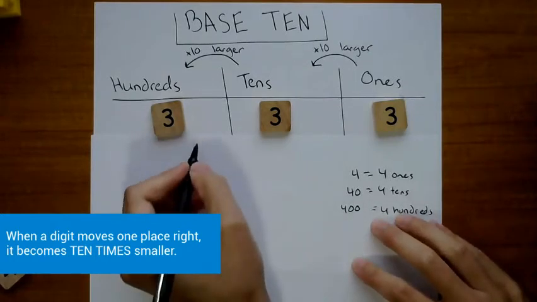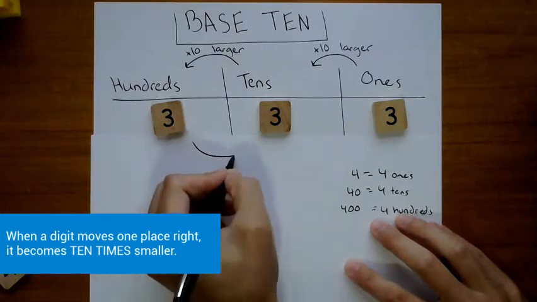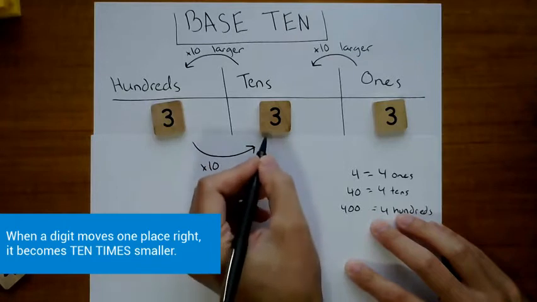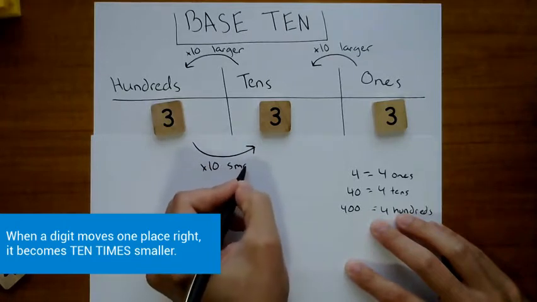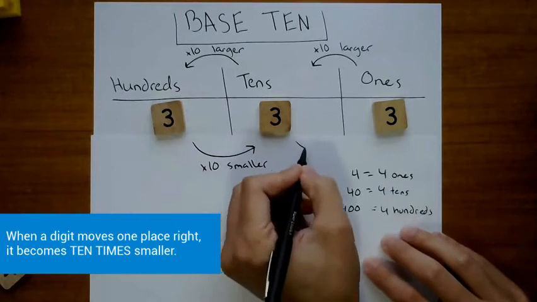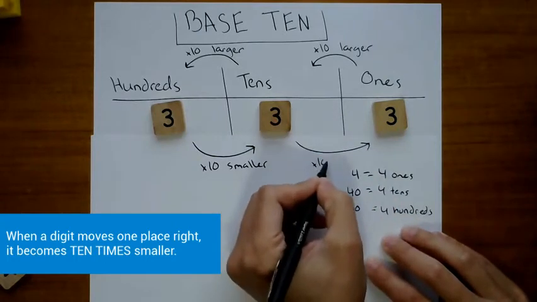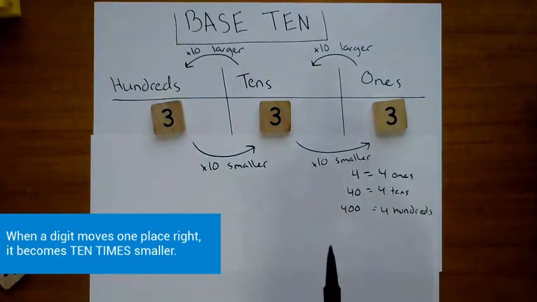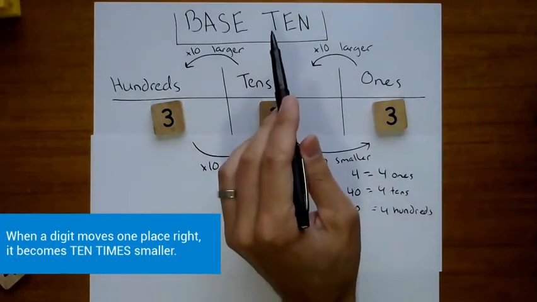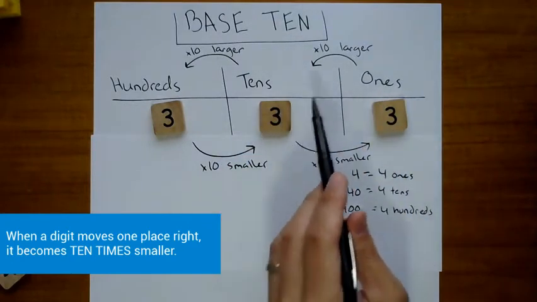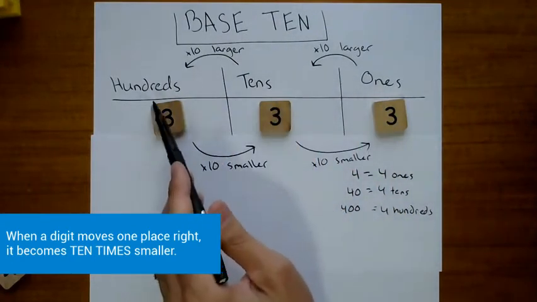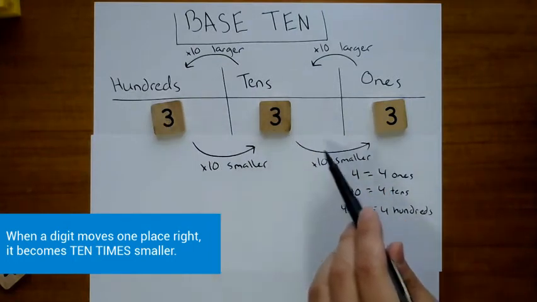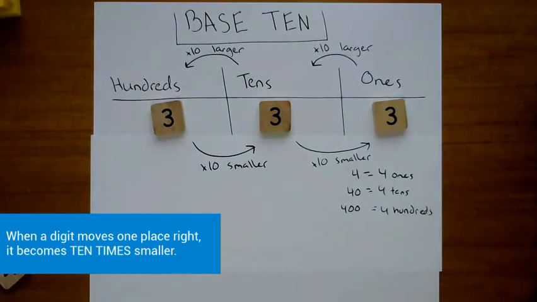Yes, it does. Great question. So 3 hundreds, when you go down to the right, then the tens place is 10 times smaller than the hundreds place, and the ones place is 10 times smaller than the tens place. Remember, our number system is a base 10 system, so each place value is 10 times larger than the one to its right. Or when you go back down to the right, each place value gets 10 times smaller.